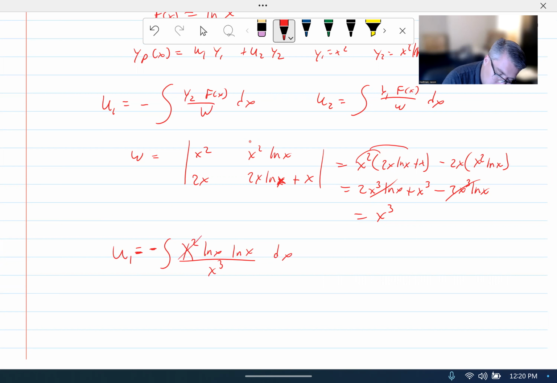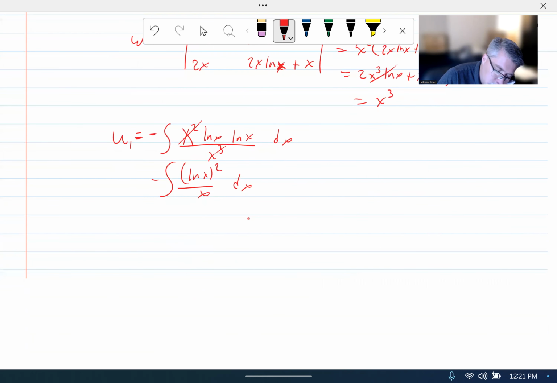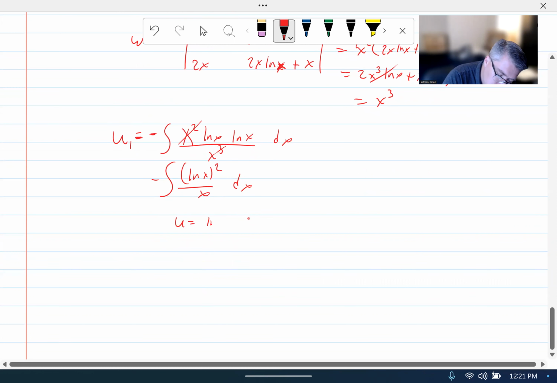Okay, so the x squared and the x cubed are going to cancel. I'm going to get natural log of x squared over x dx, which is just a simple use of substitution. So u is equal to natural log of x, du is equal to 1 over x dx.